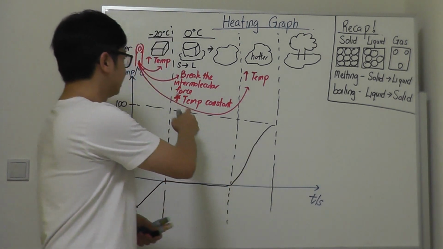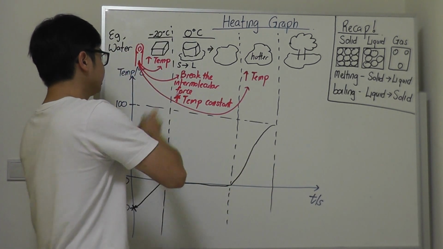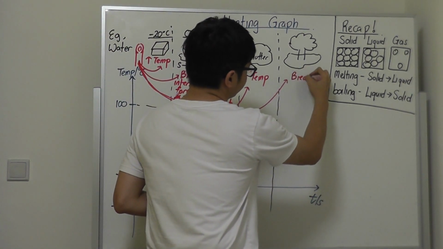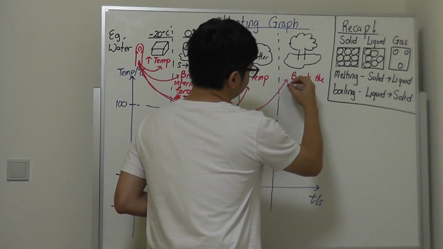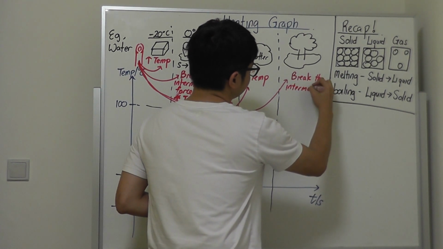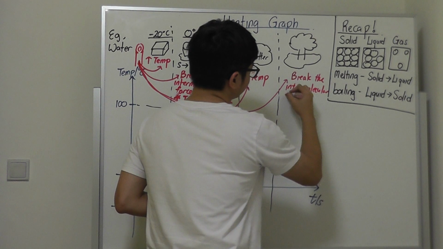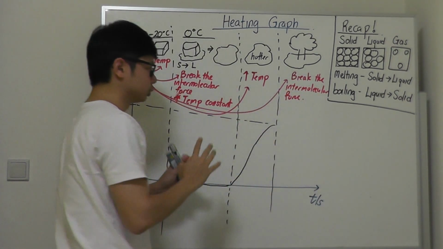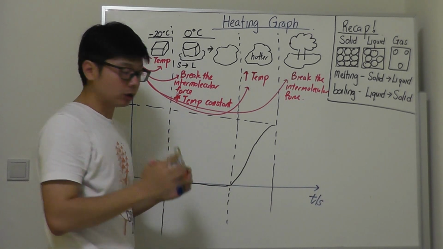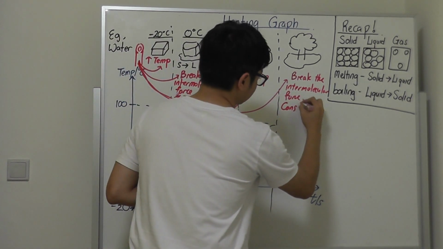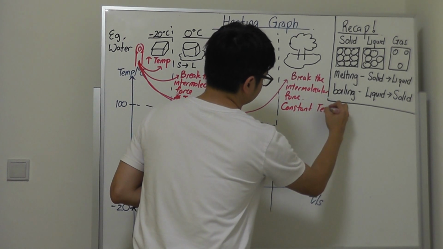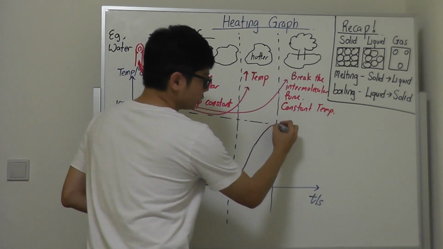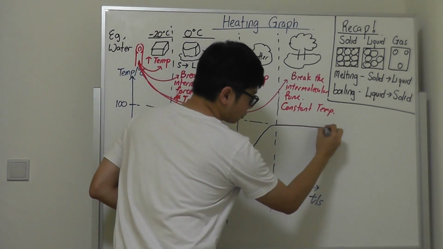So that means energy is being drawn in again to break the intermolecular force and so we are expected to see the temperature remaining constant. So the last part of the graph, it should be constant temperature.